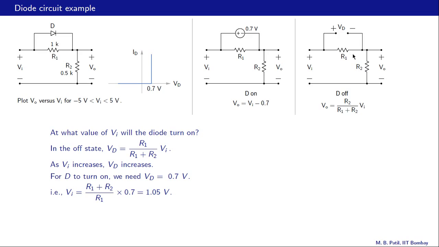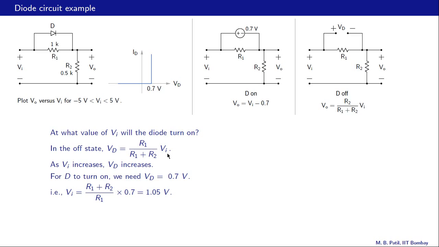And what is this voltage when the diode is not conducting? That is given by voltage division. So Vd is R1 by R1 plus R2 times Vi, this equation here. As Vi increases, Vd increases, and for D to turn on we need Vd equal to 0.7 volts.